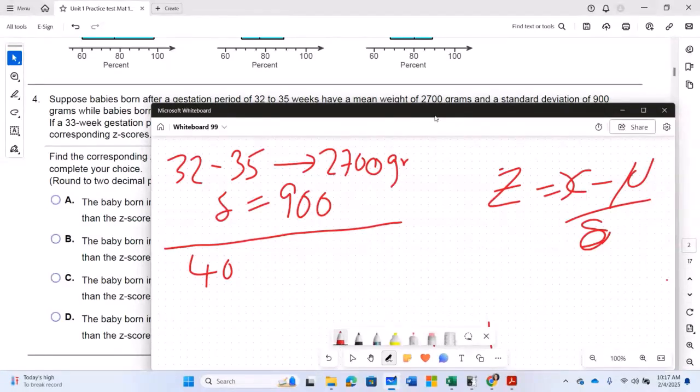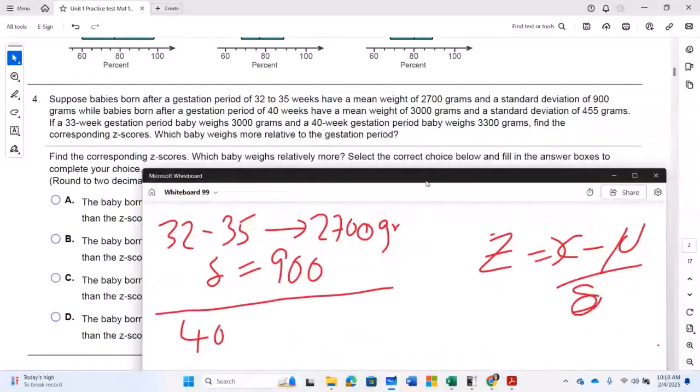Okay, and a baby is born after a gestation of 40 weeks, which means the one that stays for 40 weeks or more in their mommy's tummy has a mean weight of 300 grams, which is 3,000, oh, that's 3,000 grams.